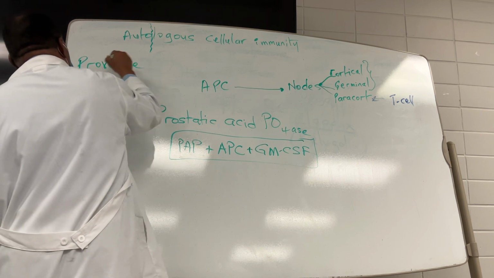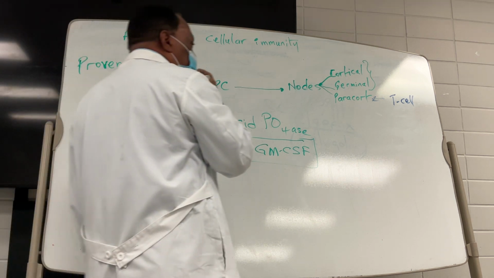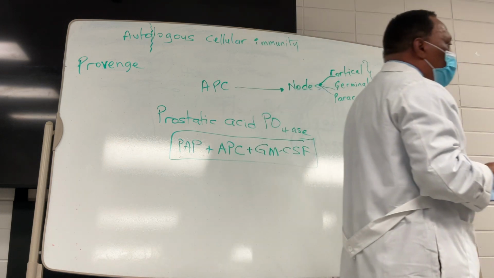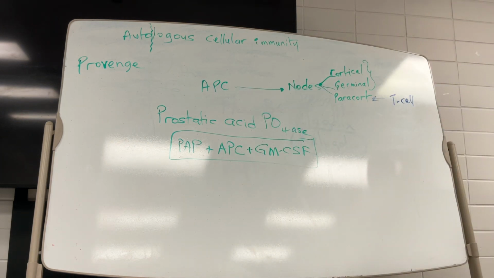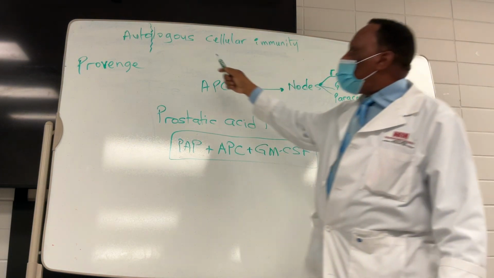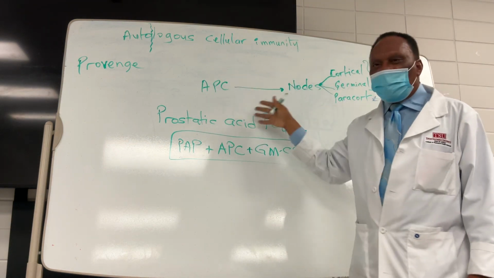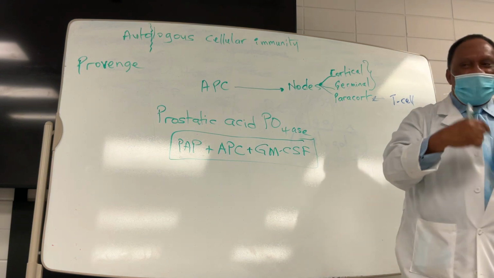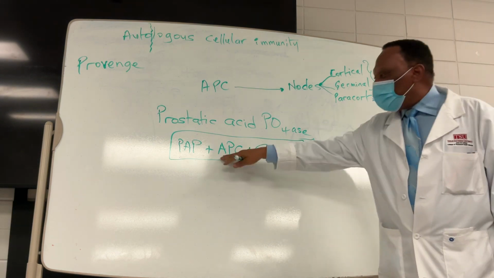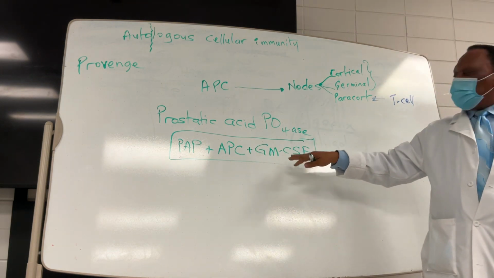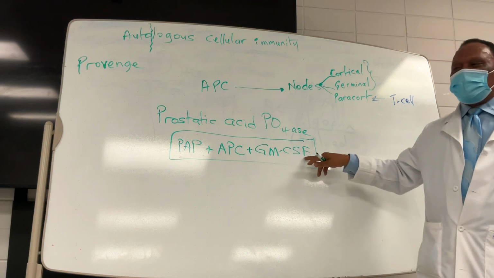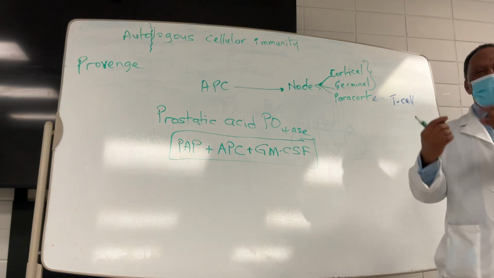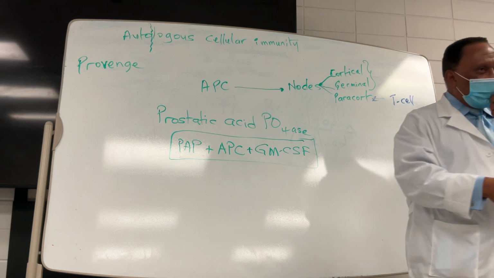And it's available under that brand name, Provenge. So that's your Provenge. And that's why you say it's autologous, because you're taking all of this from the cancer patient himself. Okay? And you activate that APC with your GM-CSF, and then you reintroduce it back to the patient.